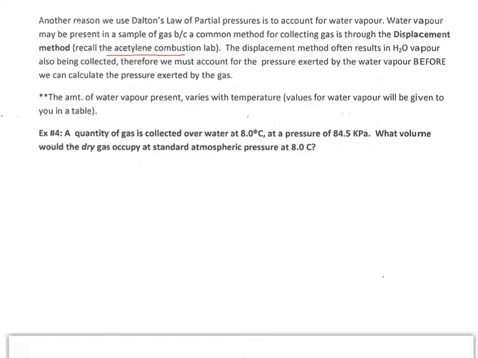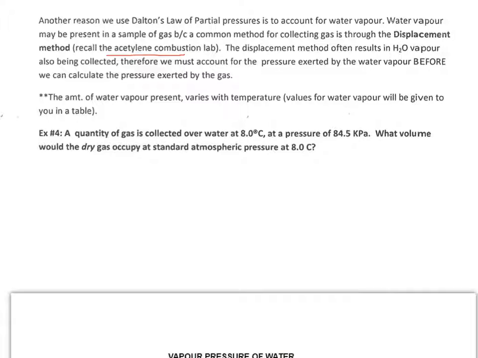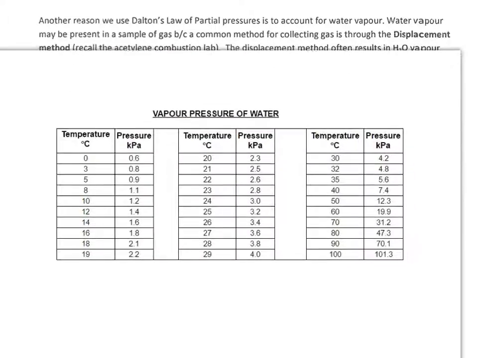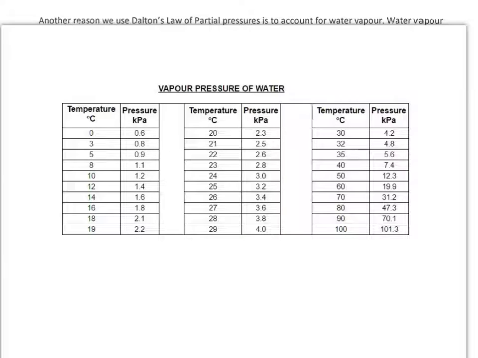So if you flip over your periodic tables to your water vapor pressure table here, you'll see that we're looking at the temperature in degrees Celsius compared to the amount of pressure exerted from that water here. So let's just look at those units. Hopefully you can also see here that as the temperature increases, the amount of pressure exerted on the system from water also increases.